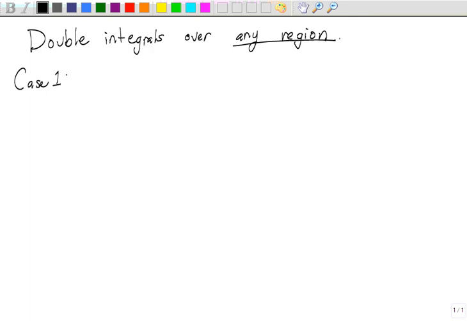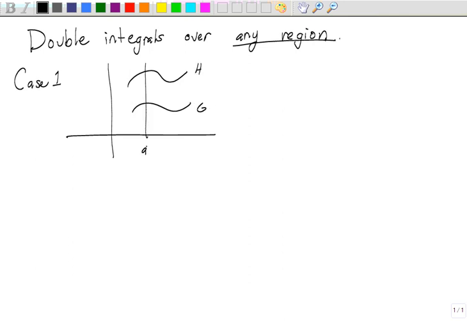This is case one. We could get something like this, where here's a function bounded by two functions and the x-axis, on the x-axis a to b.